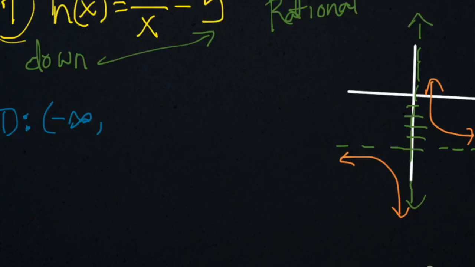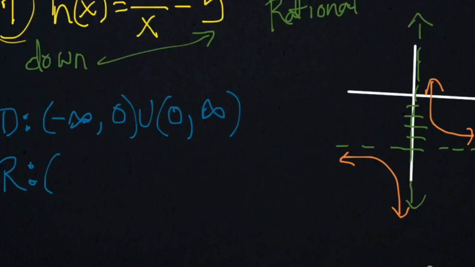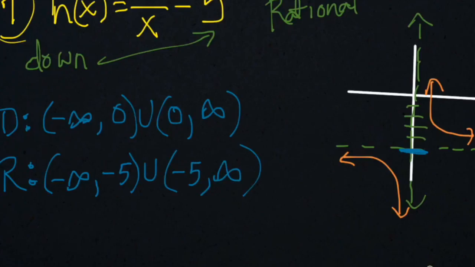The asymptote's at 0. So I go to 0, go around my 0, and go to +infinity. My range, I go up from the bottom, so I'm at -infinity. Coming up from the bottom, I hit the asymptote. That was at -5. Go around the -5, come up to +infinity.